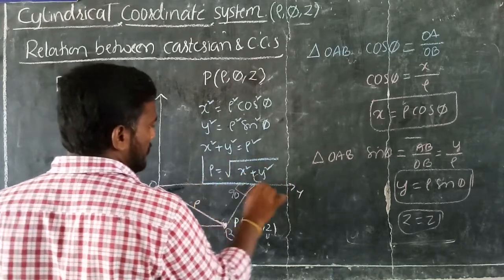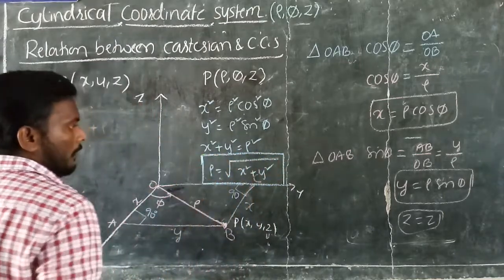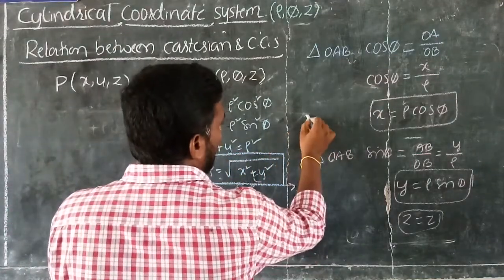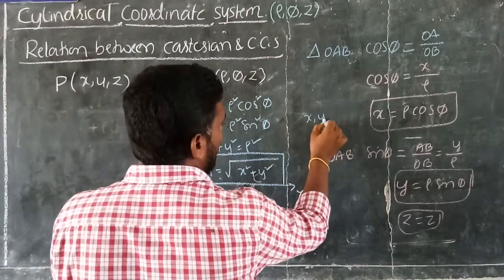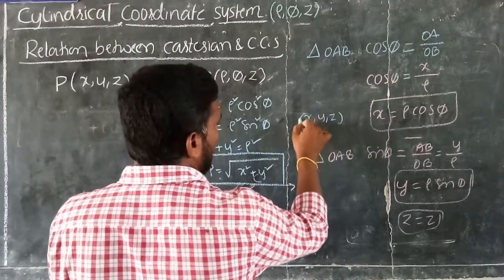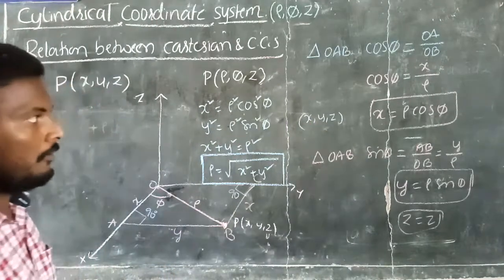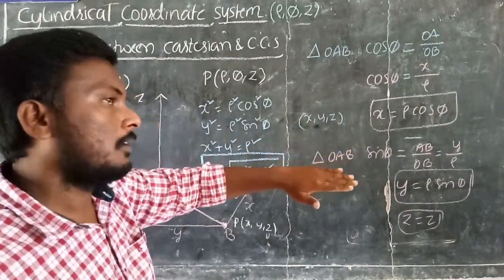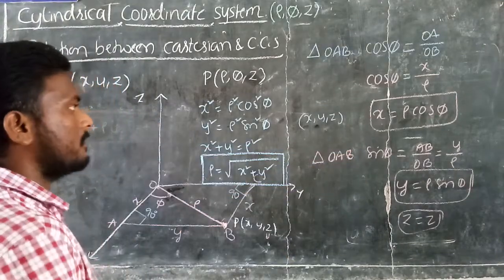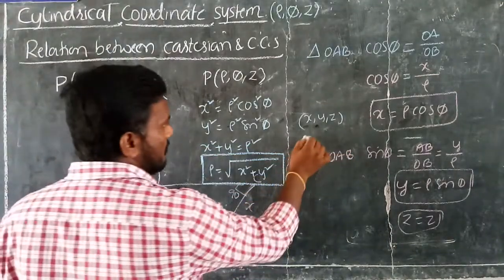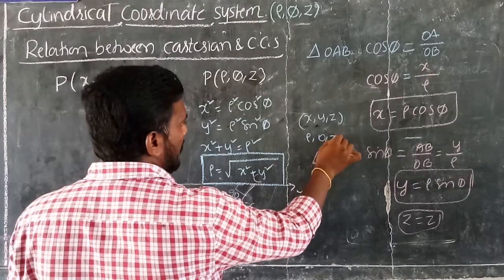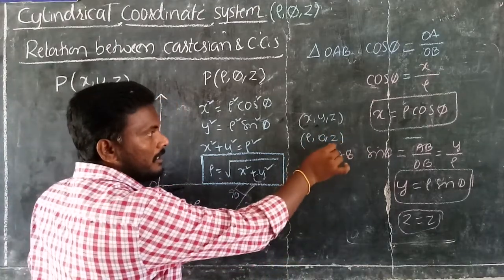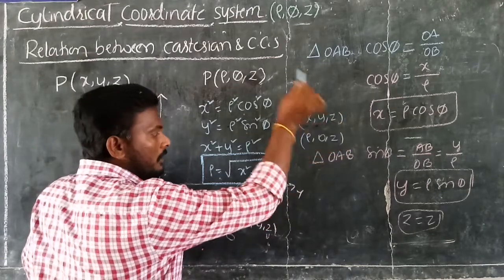This is one expression. If he is given x comma y comma z, that means Cartesian coordinates, he will ask to find the cylindrical coordinates, which are rho comma phi comma z. So we need to find the rho, phi, z values from the x, y, z values.